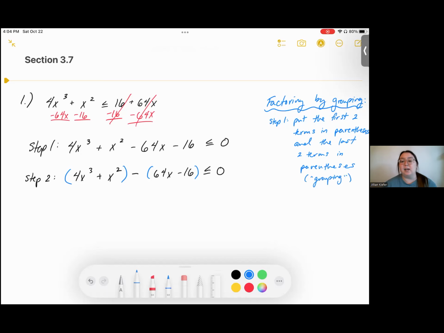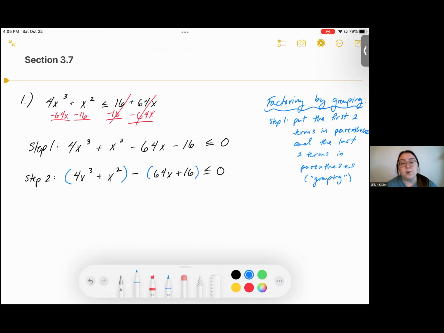So you've grouped them together. And for our problem, this is going to work really nicely. But for other problems that you have, you may need to move things around a little bit to get the groups just right. And you'll see it in a second here. So step 1, typically the best way to go about it, first 2 terms in parentheses and the last 2 terms in parentheses. If you need to factor anything out, like I almost forgot to do there, that should be a plus. If you factor anything else, just remember to work that in there.